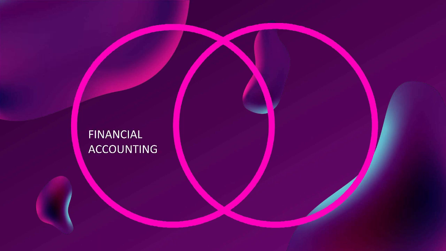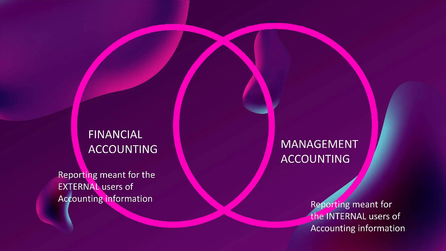We have financial accounting on the left side, which is reporting meant for the external users of accounting information. We also have management accounting here on the right side, which is reporting that is meant for the internal users of accounting information.